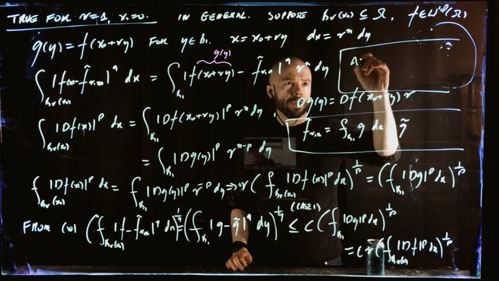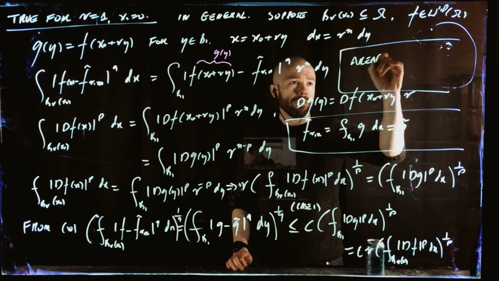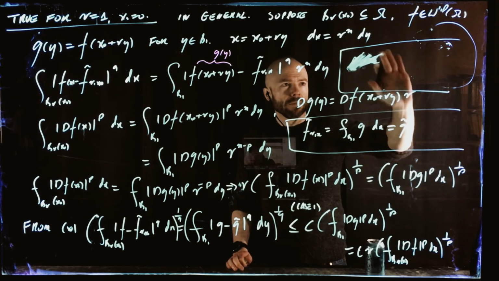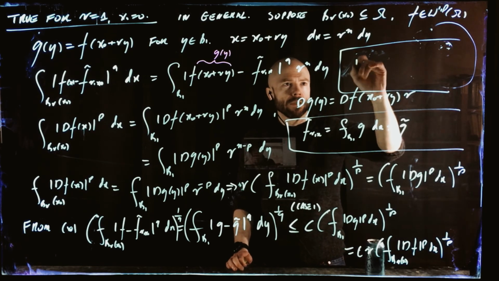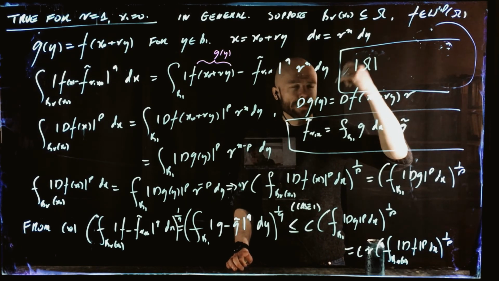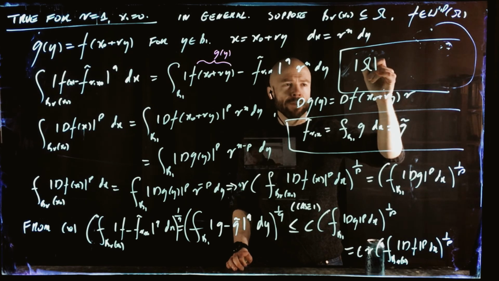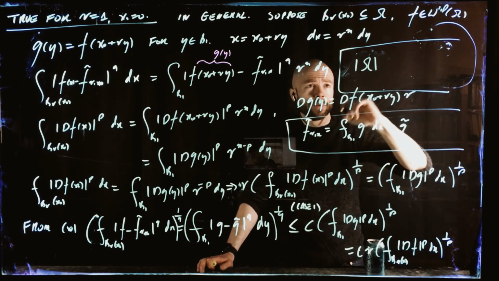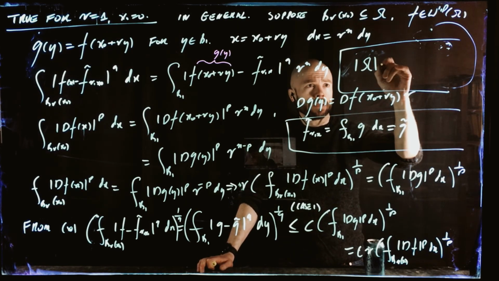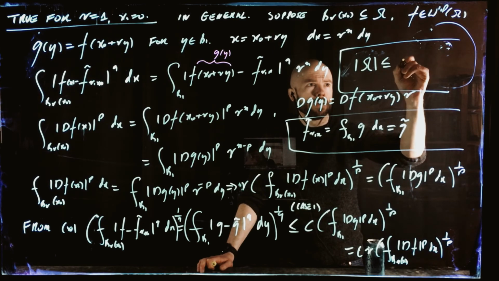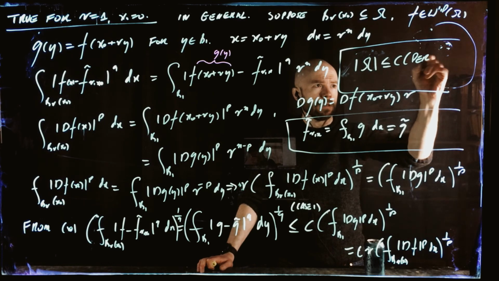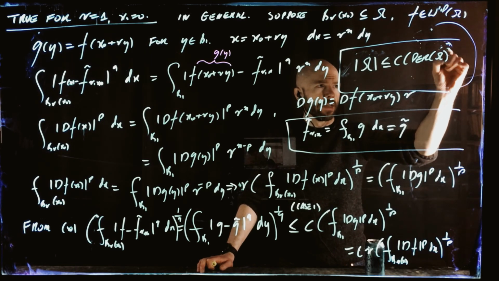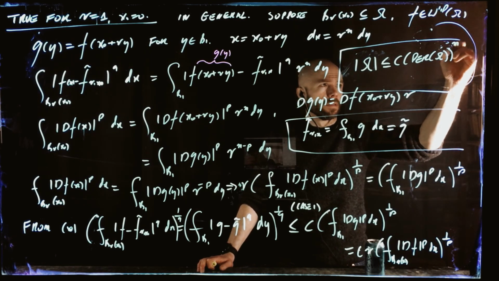So if we take the area of some connected domain with a nice boundary, this thing is controlled by some constant times the perimeter of the boundary, with scaling like this.